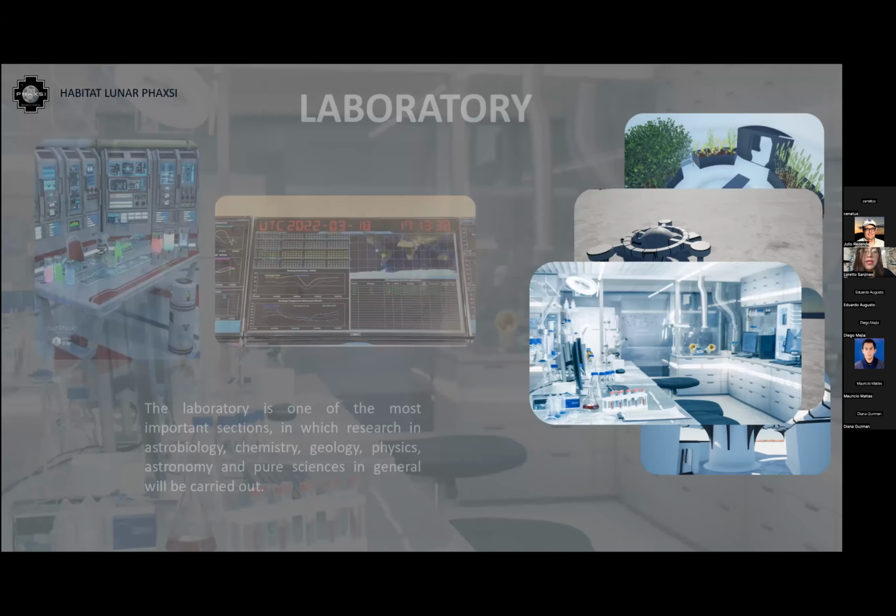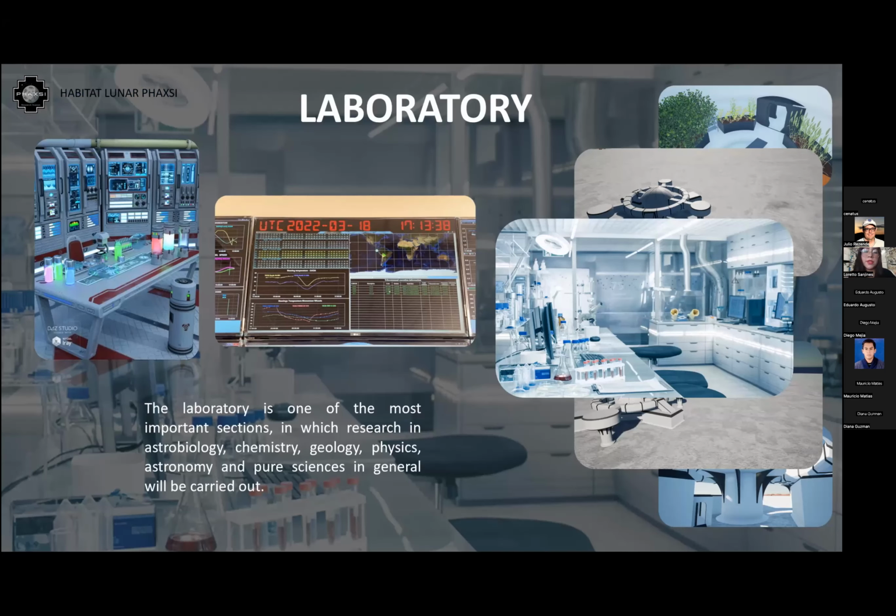The laboratory is important to mention because this is one of the most important sections within the habitat, since multiple sciences will be used such as chemistry, biology, astrobiology, physics, among others.